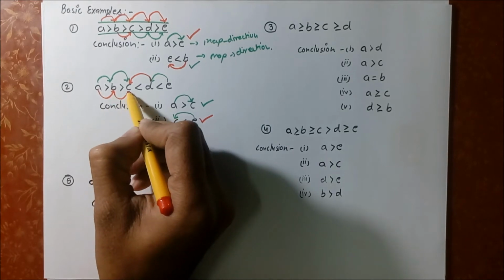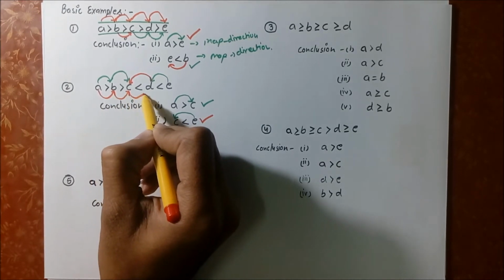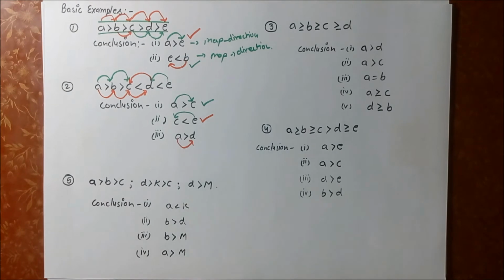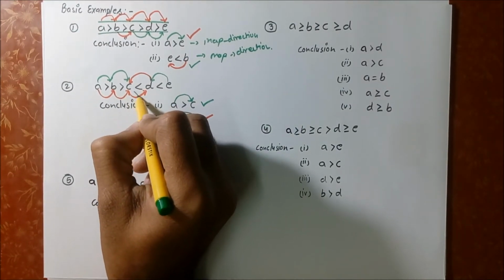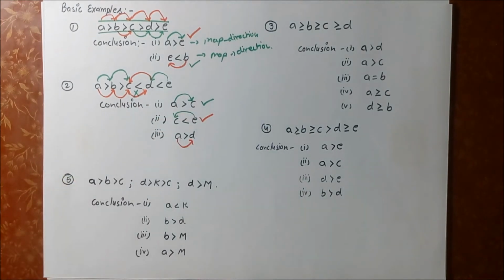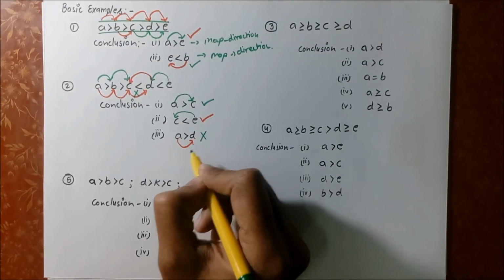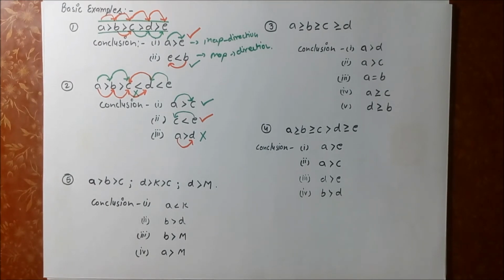Yes. B to C? Yes. C to D, when I am checking C to D, there is a blockage, the door is closed here, so I cannot go A to D. So this conclusion will not follow.